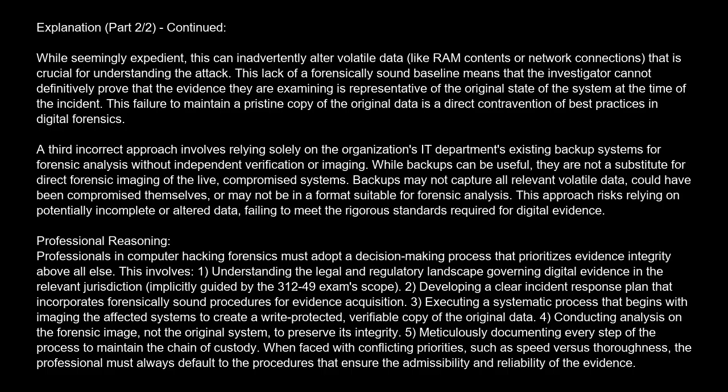Executing a systematic process that begins with imaging the affected systems to create a write-protected, verifiable copy of the original data. 4. Conducting analysis on the forensic image, not the original system, to preserve its integrity. 5. Meticulously documenting every step of the process to maintain the chain of custody. When faced with conflicting priorities, such as speed versus thoroughness, the professional must always default to the procedures that ensure the admissibility and reliability of the evidence.